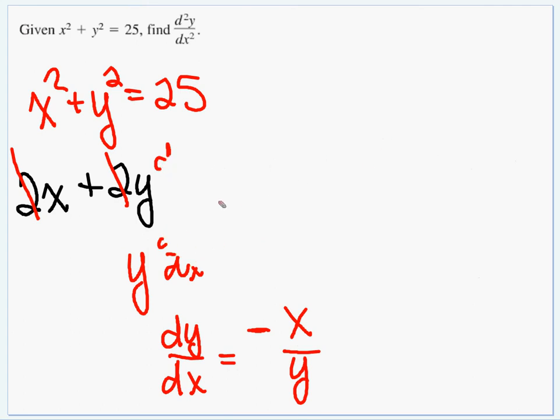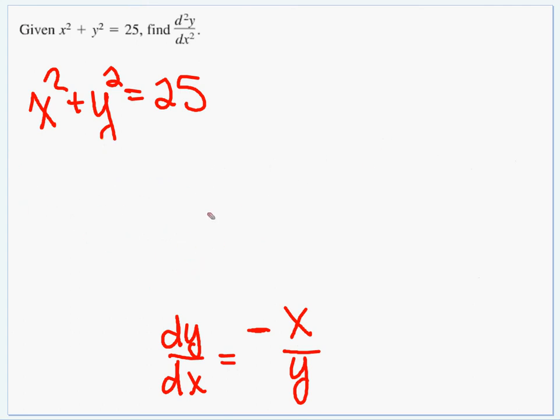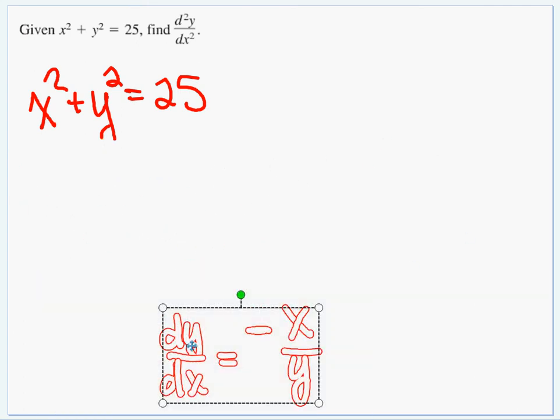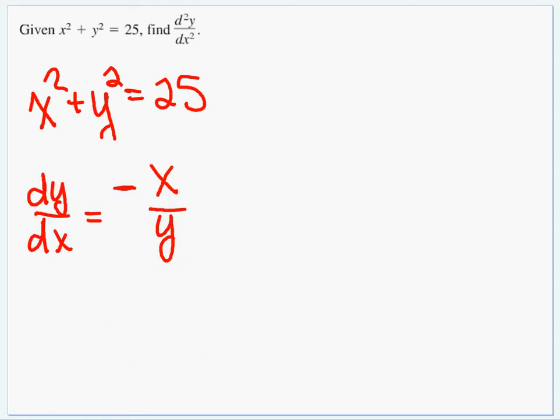Okay, so let me clear this out. So we've got our original function, and now we've got our first derivative. We do want the second derivative, so we're going to derive this again. And what I like to do, I'm going to keep the negative out here. We're going to derive with the quotient rule inside, and then we can distribute that negative at some later point. Okay, so let's get ready to derive with the quotient rule. Our d high is a 1.